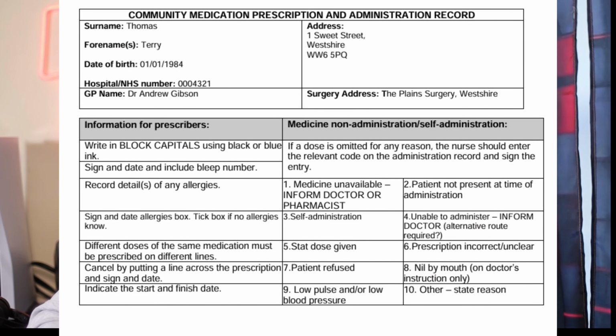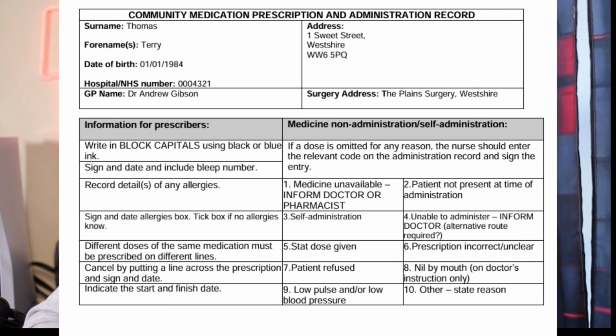So with the regular medications, if there is a specific reason for which you cannot give a medication even though it is due your time, then you would have to use a code, and this code stands from code 1 to code 10. So we'll have a look at the codes, and then we'll be looking at some very specific ones that are very much related to the mental health nursing OSCE. There are some of them you never use, so I'll just speak about the ones that we would normally use when we are to code.